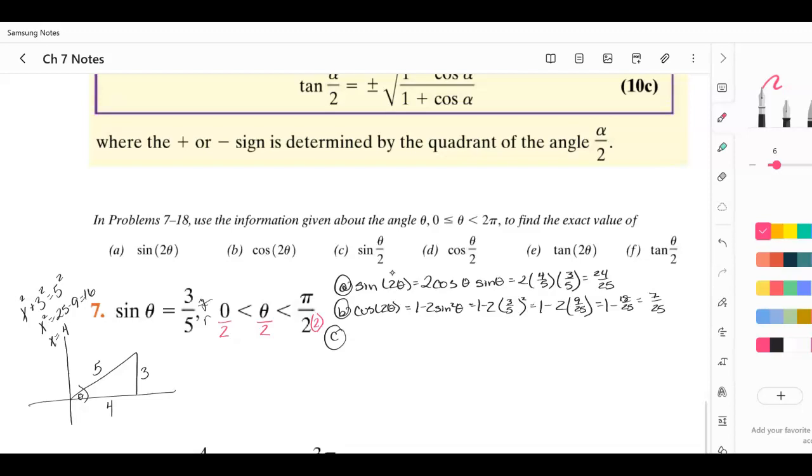Okay, so we're just going to divide everything by 2. If I divide the middle by 2, I've got to divide the ends by 2. 0 divided by 2 is still going to be 0. So we know that this is still going to be in the first quadrant.